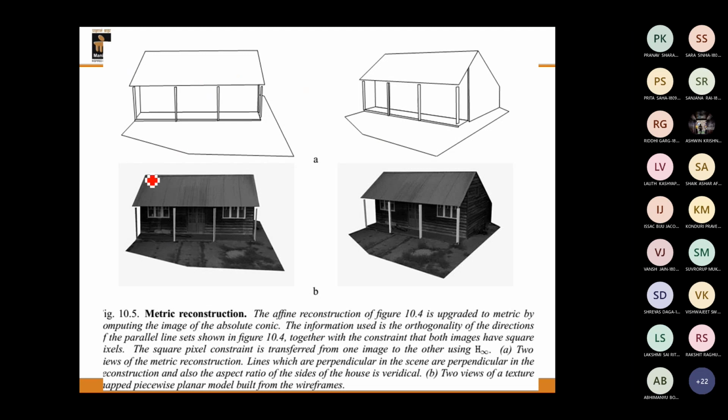Usually we take the corners because that is easier for us to locate and find the correspondences of. So let's say we locate some corners, corners of the house, corners of the windows, and some points. We identify certain points, which can be called ground control points, and we assume that for these ground control points we know the actual 3D coordinate values.